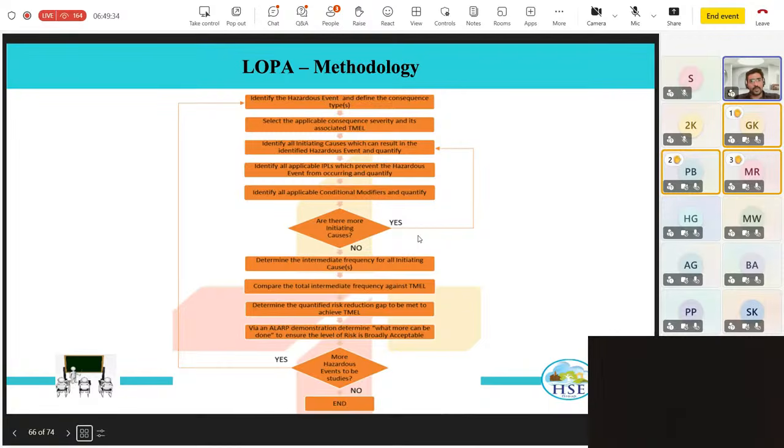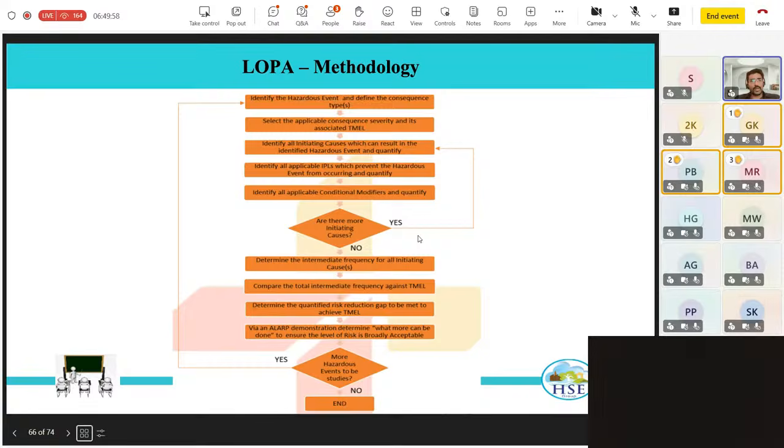If there are no more initiating causes, then go to determine the intermediate frequency of the initiating cause. The intermediate frequency is basically the exercise which involves evaluation of the enabling events, the safeguards, and the conditional modifiers together. I will show you that in the next slide.